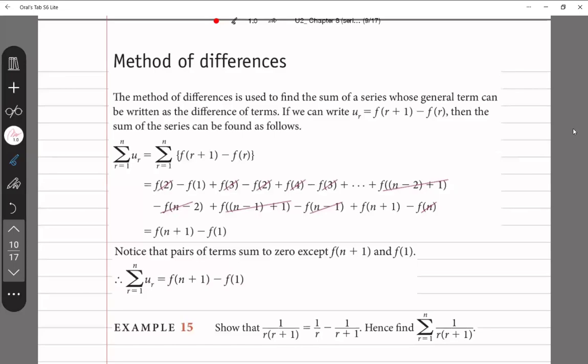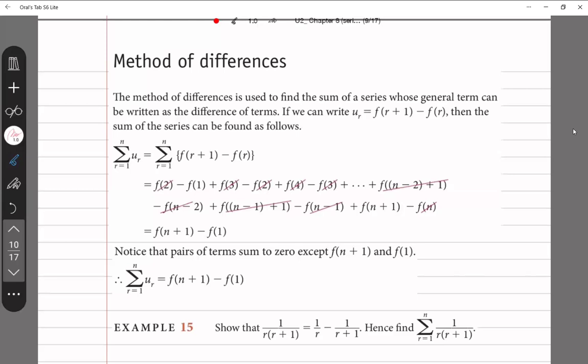All right, so the next thing we're moving on to is the method of difference. The method of difference is used to find the sum of a series whose general term can be written as the difference of terms. If we can write u_r equal to f(r+1) minus f(r), then the sum of the series can be found as follows.